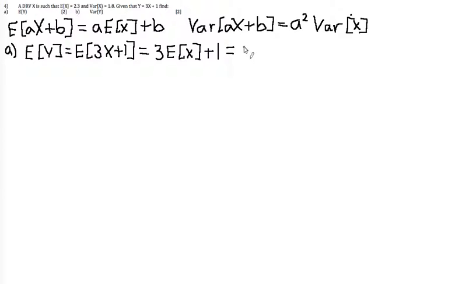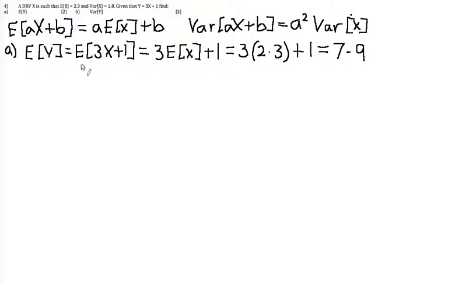So, at this point, we're going to substitute in the value for the expectation of x, which is 2.3. So we're going to get 3 times 2.3 plus 1. And again, as always, make sure we're showing the substitution, so we show we know what we're doing, and then just evaluate it, which gives us an answer of 7.9.